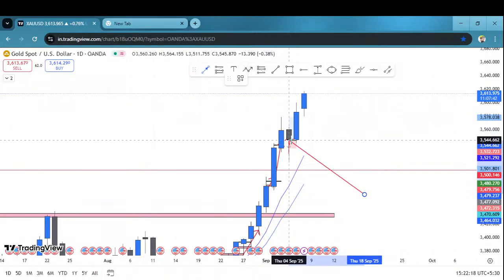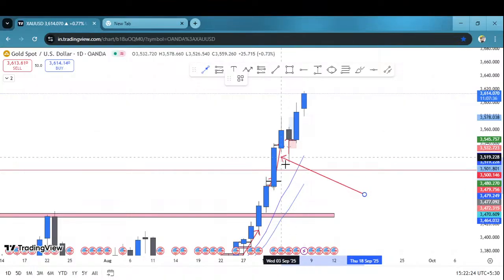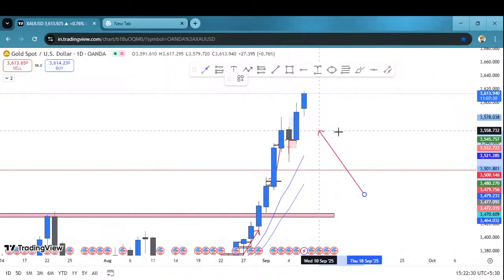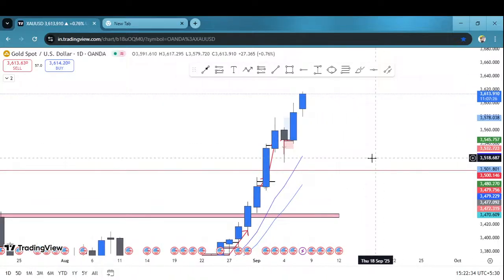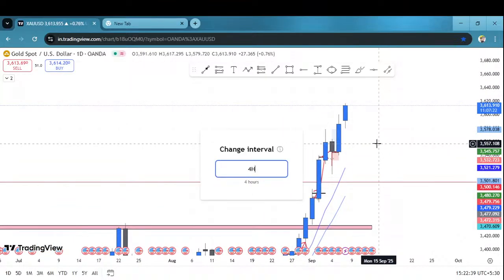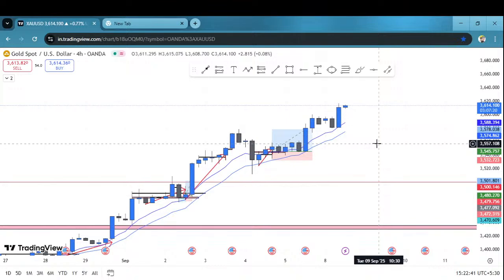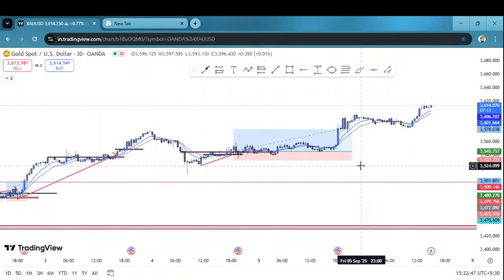This candle, which was on 4th of September, came down and took liquidity, you can say, or a retracement, and then it should move up, right? So that was simple on the daily time frame. But to take entry in real time, you should wait for a structure to form, or a previous structure to have an entry on. So let's check.